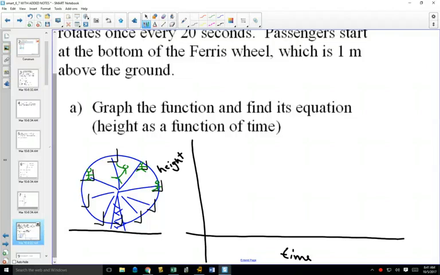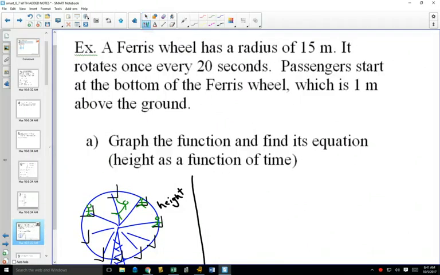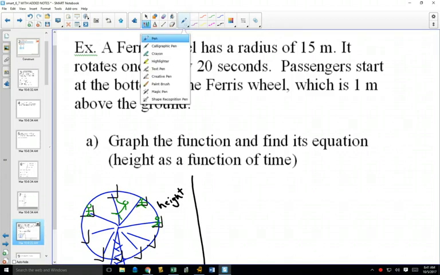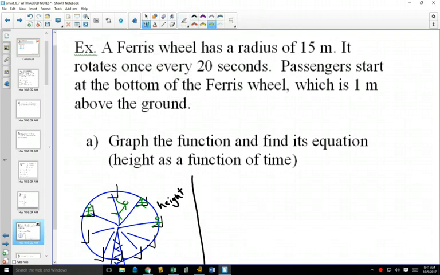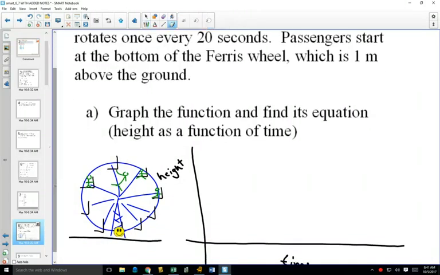And so we've got our Ferris wheel off to the side there so we can kind of visualize what's happening as we go. Now, when we read this question, back to the beginning, we have a passenger starting at the bottom of the Ferris wheel. So here's our token passenger, starting right there. Super happy to be going on the Ferris wheel.